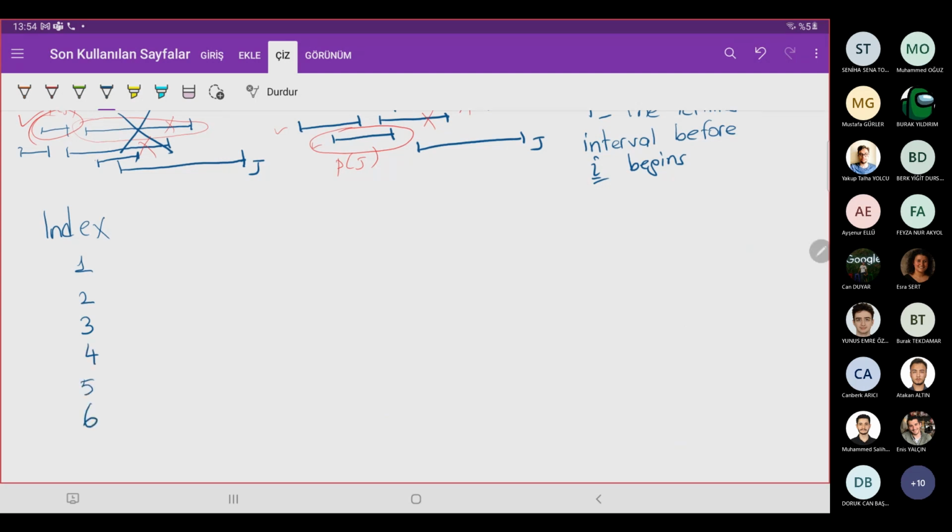Okay, so this is V1, it's 2. This is V2, it's 4. V3 is 4.